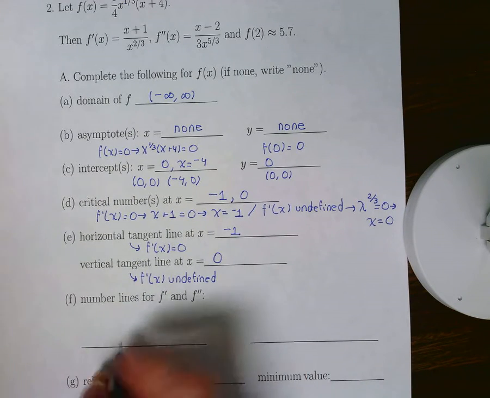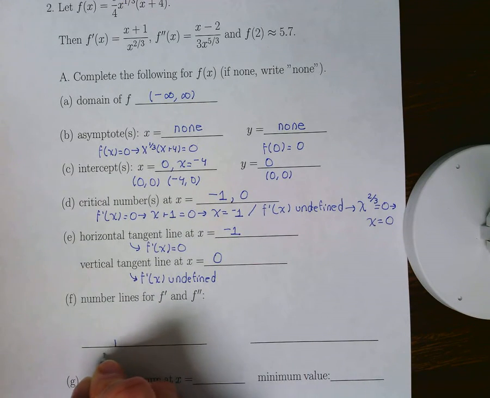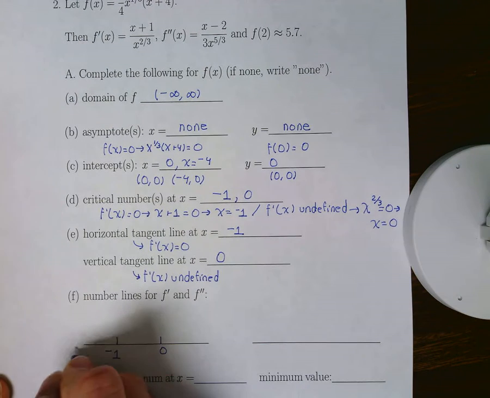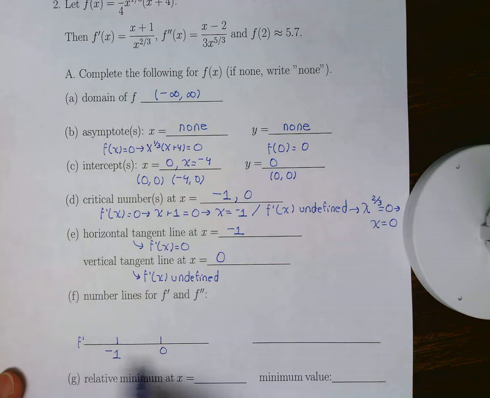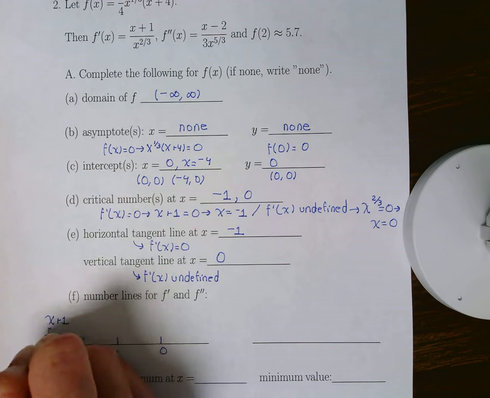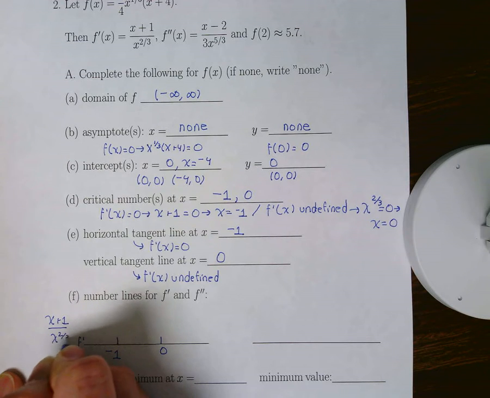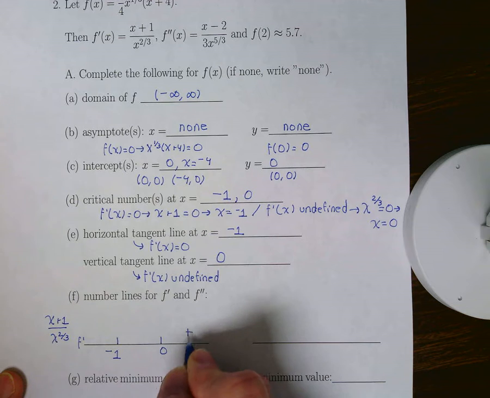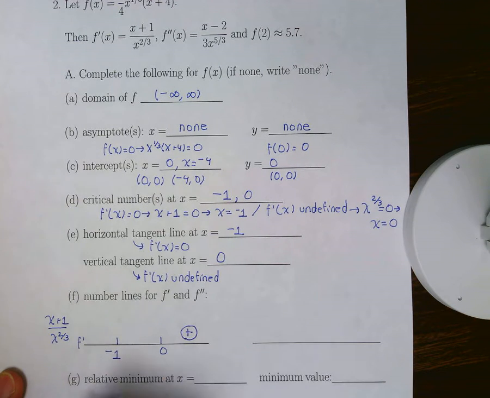All right, I can set up my number line for f prime. It is where x is -1 and 0, and my derivative is this. If I plug in, it's certainly going to be positive for x greater than 0.